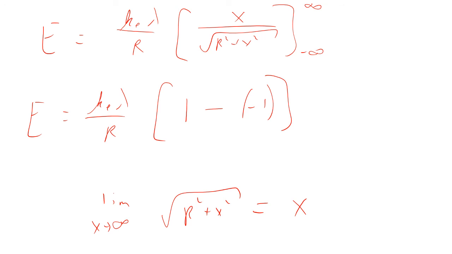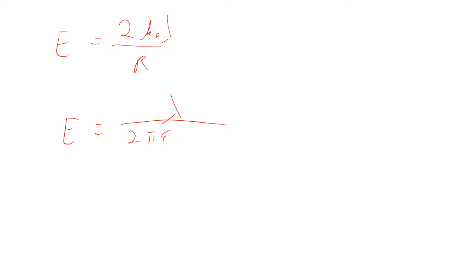And so that means that the electric field here is going to be 2 K sub E times lambda over r, or another way of writing that is lambda over 2 pi epsilon naught r. If you want to put this into vector notation, you can just put r hat.